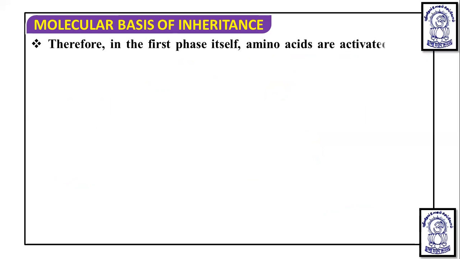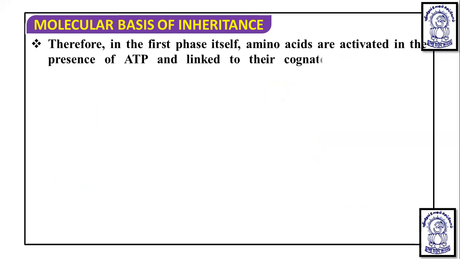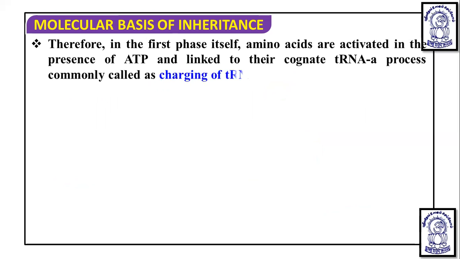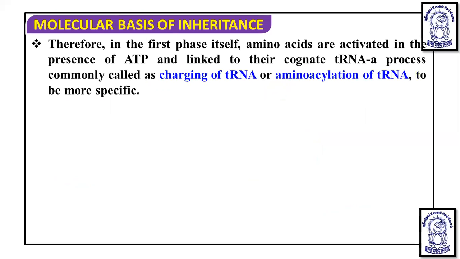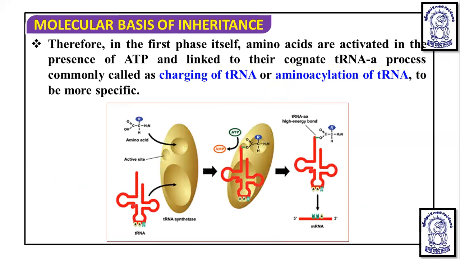Therefore, in the first phase, amino acids are activated in the presence of ATP and linked to their cognate tRNAs, a process commonly called charging of tRNA or amino acylation of tRNA, to be more specific. You can understand it diagrammatically: this is the amino acid tRNA synthetase enzyme. This is a site for the amino acid, and this is the active site. This is the tRNA, which binds here.